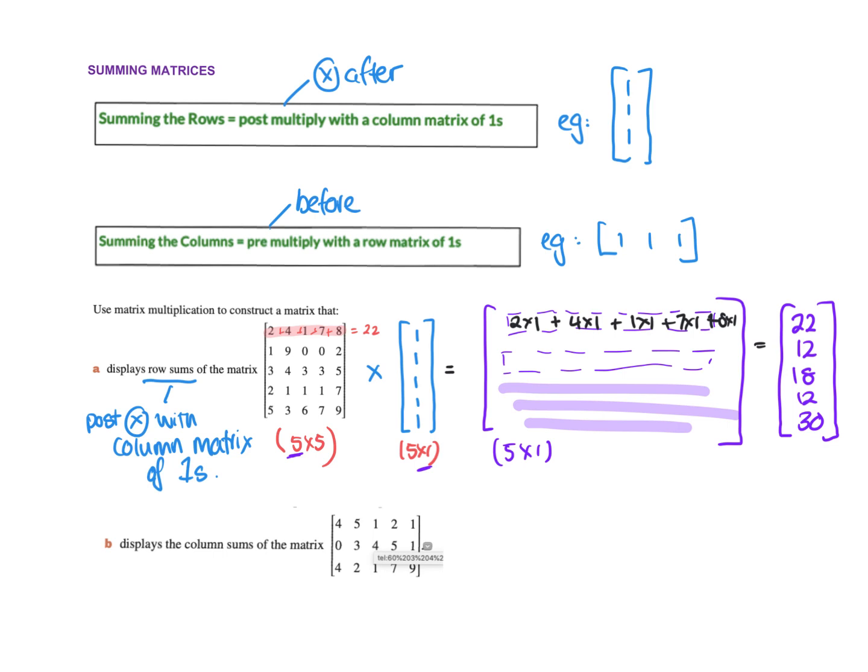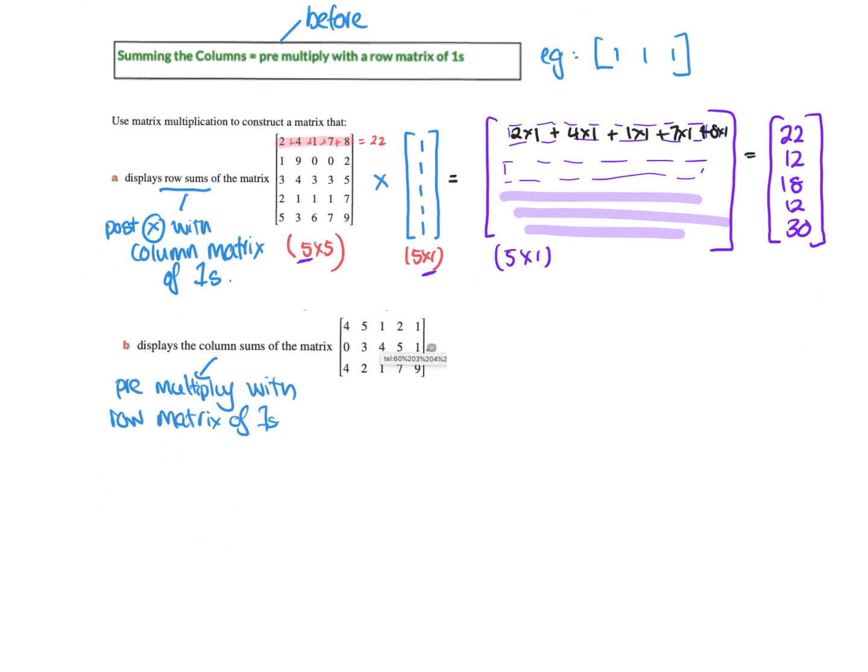Sorry, I've run out of room here. But if we want to add up the columns, we're going to pre-multiply. So that means before. Pre-multiply with a row matrix of 1. I'm going to zoom out, making a little bit more room here.